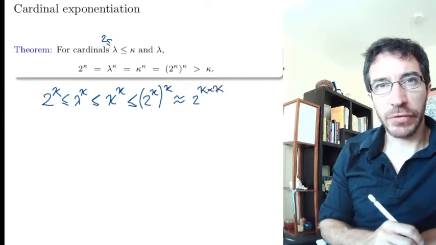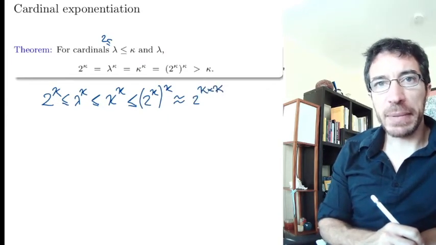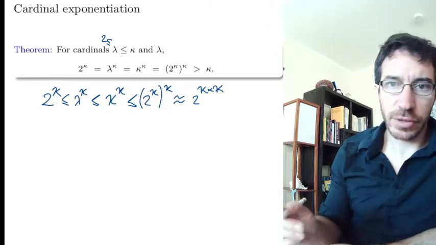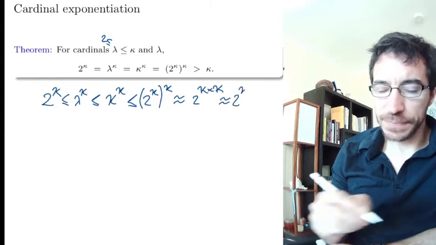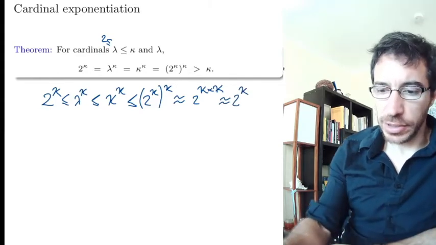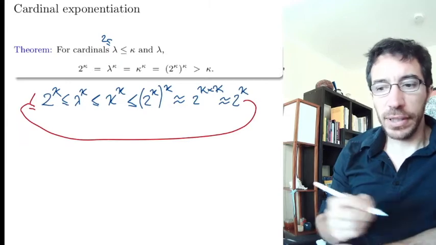Those were important properties of exponentiation. And then kappa times kappa, by our result from the previous video, is the same as 2 to the kappa. And that closes the circle.